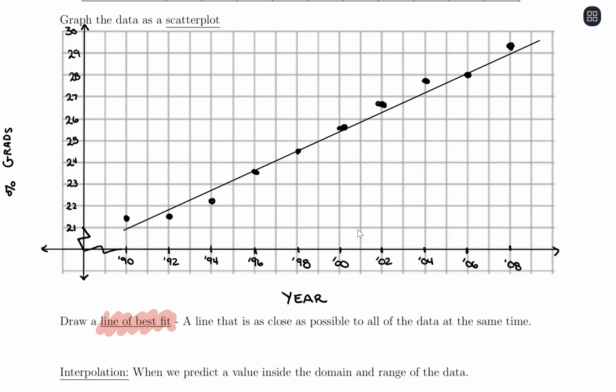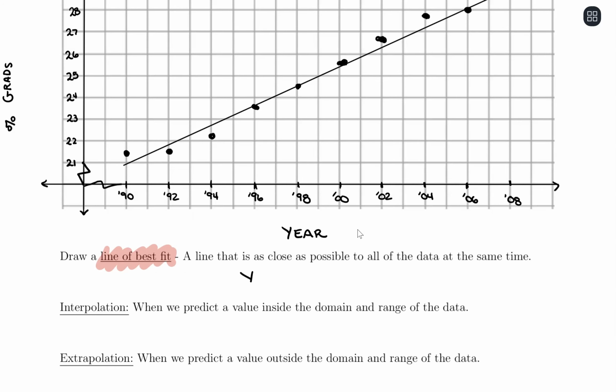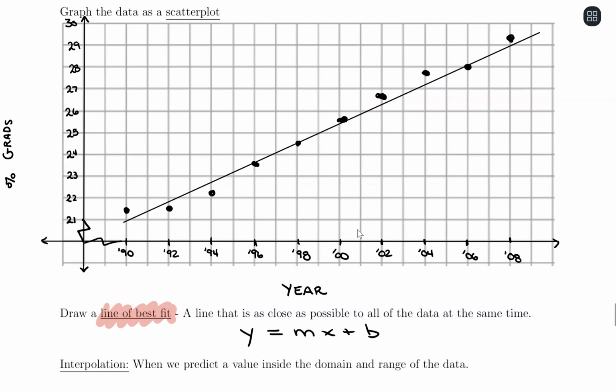So why we want this line is that we want to get this equation y equals mx plus b. Because if we have the actual function, we can use that to estimate values. If we have this linear equation that's basically giving us predictions, because like there wasn't a census in 1999, but with this line, we can get an idea of, well, it looks like at that point, 25% of people 25 and over were college graduates.